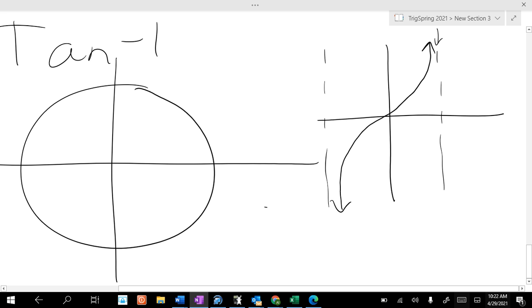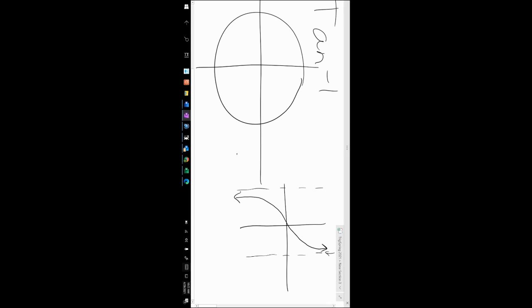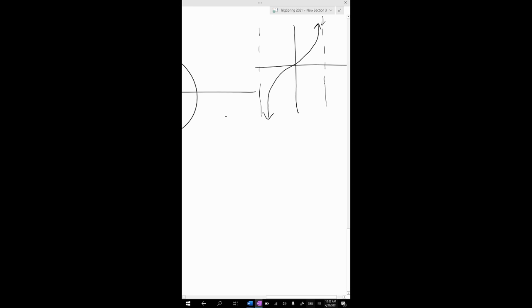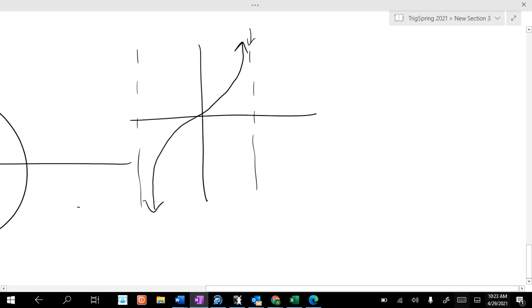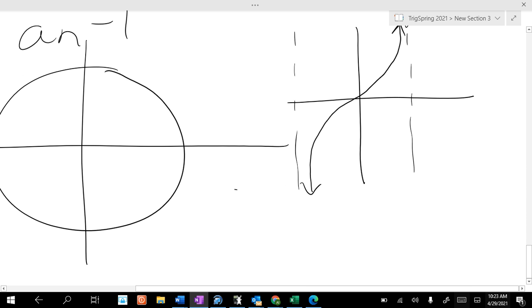We could not touch that, right? Because it is undefined. Why is it undefined? Because we are dividing by 0. So where do you divide by 0 when you're working with tangents? At pi over 2 and at 3 pi over 2, which is coterminal with?